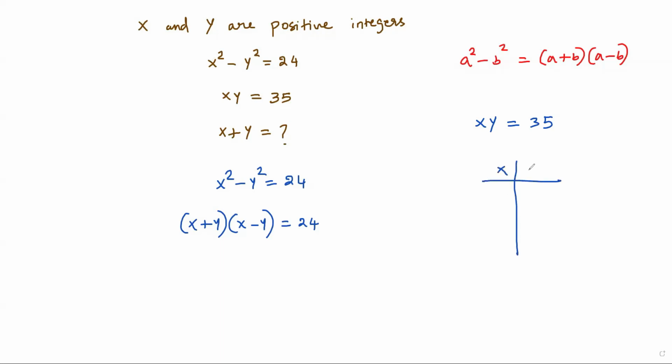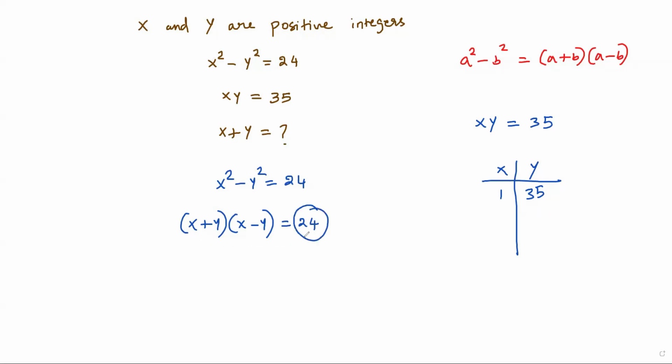Okay, now let's check some positive integers for x and y such that the product of x and y equals 35. If I take x equal to 1, the y value must be 35. Here both of them are positive integers. When I multiply 1 and 35, that is equal to 35. Now let's verify the values 1 and 35 with this equation.